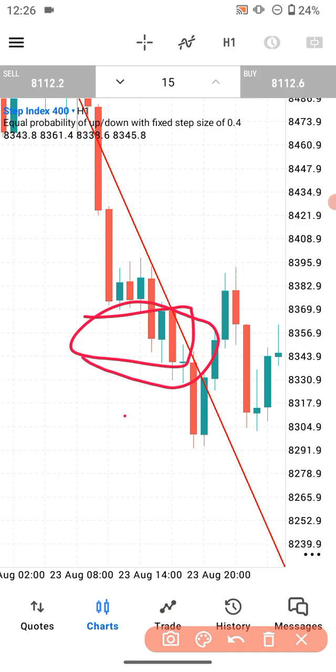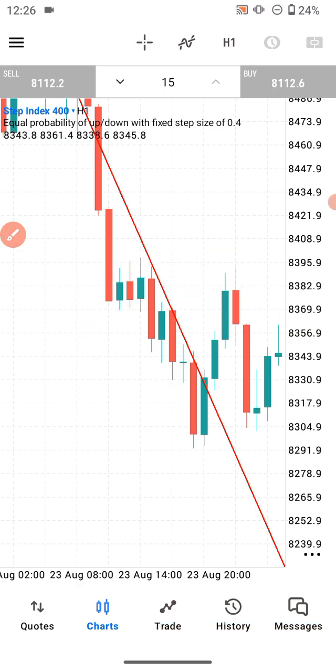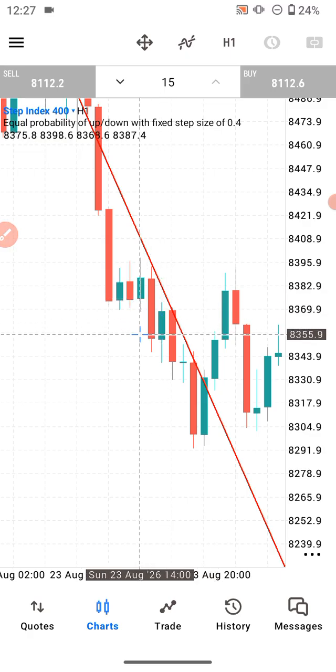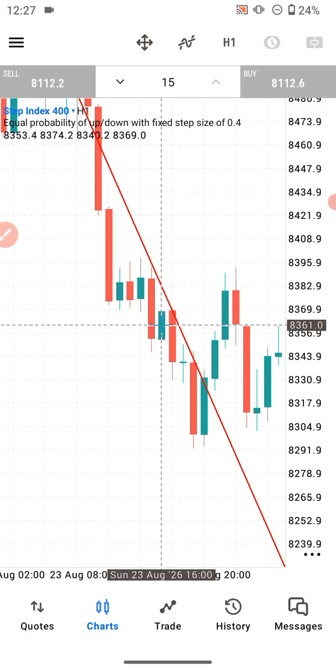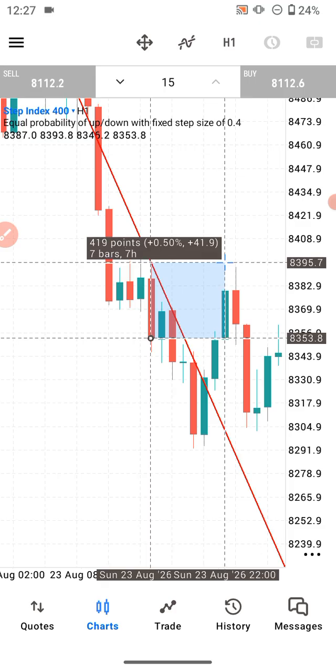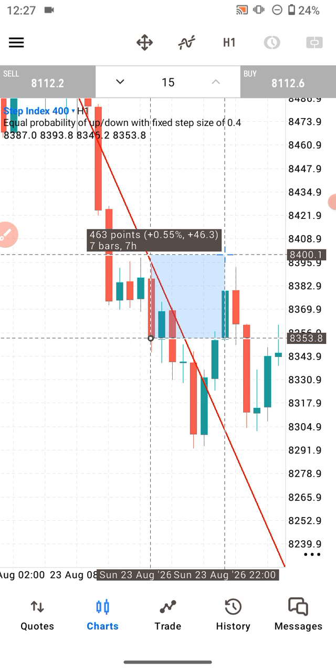When I entered, my stop loss will be above here, just this red line. I would use this engulfing candle as my entry, and my stop loss is going to be just above the candle before the engulfing, and my risk-reward is going to be 1:2. So if this is my entry engulfing candle, my stop loss was 463 points.